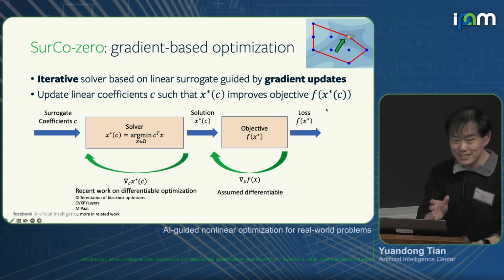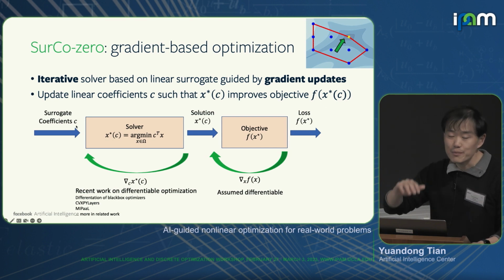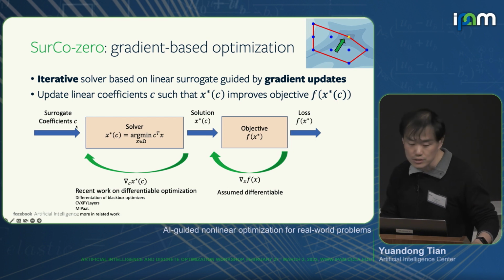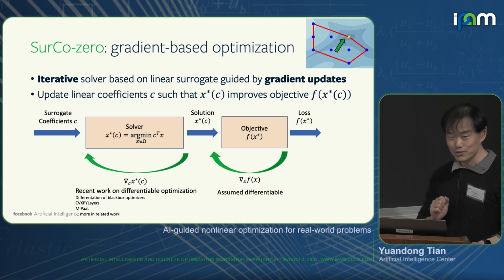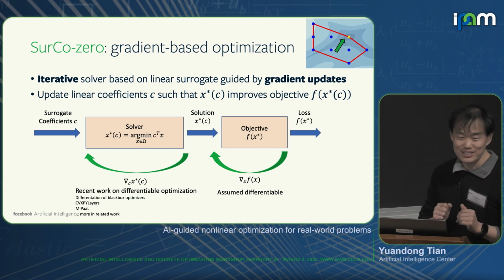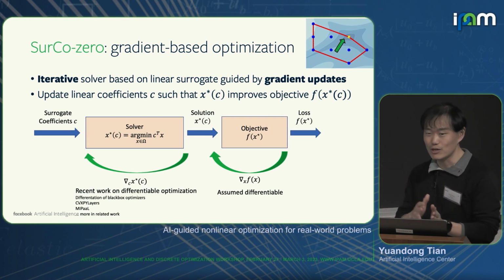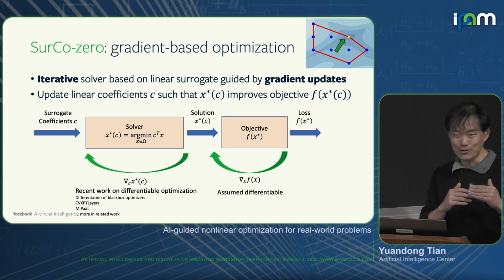You do backpropagation, then you will get a surrogate coefficient C that will lead to the optimal solution of that particular nonlinear optimization function. As you said, that's true. You can get some very specific coefficients that lead to the solution of the optimization problem, but that one is not generalizable. That's totally possible. I'm not sure if I answered your question correctly.